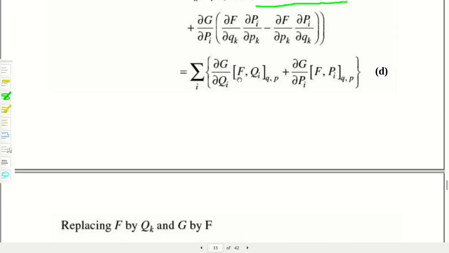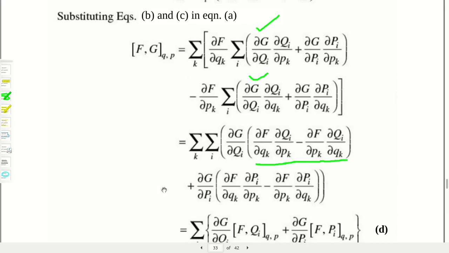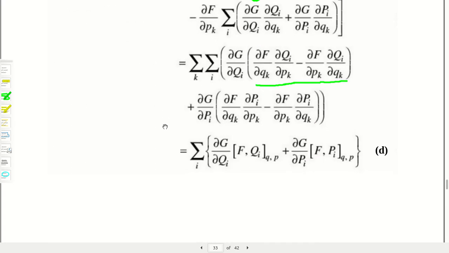Let us first take {q_k, f}. q_k f is needed. Let us put q_k in place of f, and f in place of g. So for {q_k, f}, just put f here and q_k here. So this Poisson bracket will be {q_k, Q_i}, and this Poisson bracket will be {q_k, P_i}. Now {q_k, Q_i} is 0.